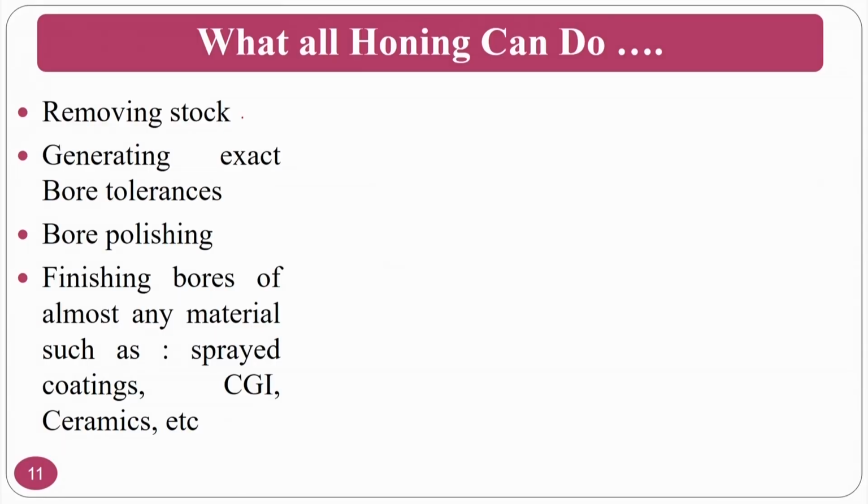So what can it do? It removes the stock, that is the workpiece material, and generates the exact bore tolerances. Normally, whatever the exact requirements are, it will give those tolerances. It can do the polishing and finishing of a bore in almost all materials, such as spray coatings and ceramics, compared to alloys and metals and other things.